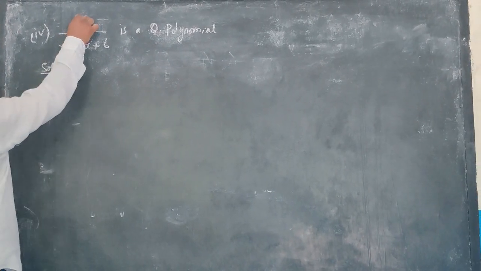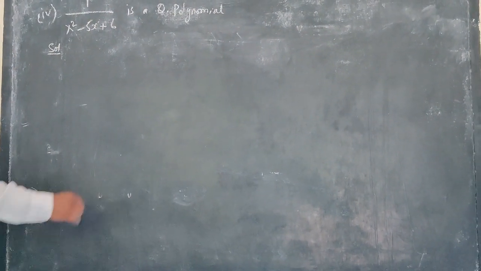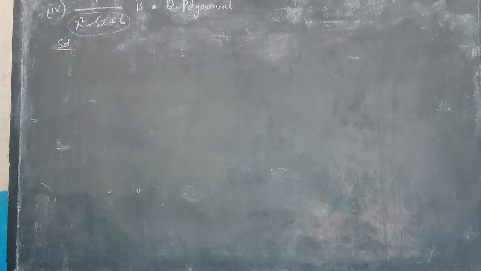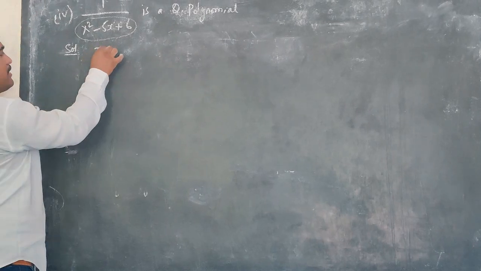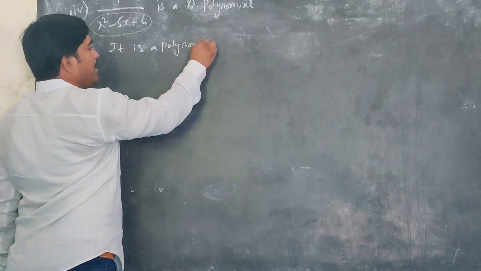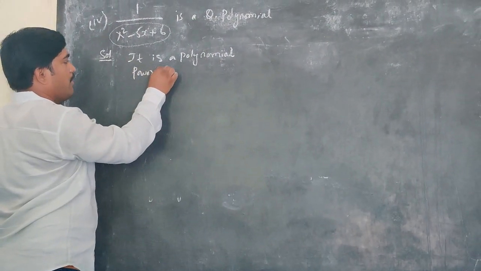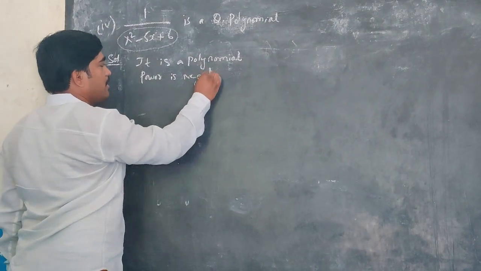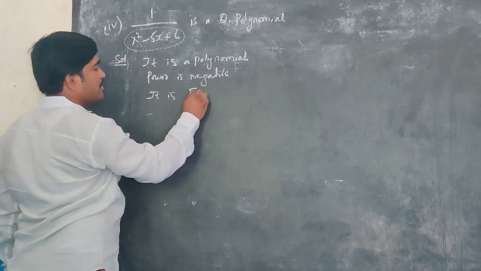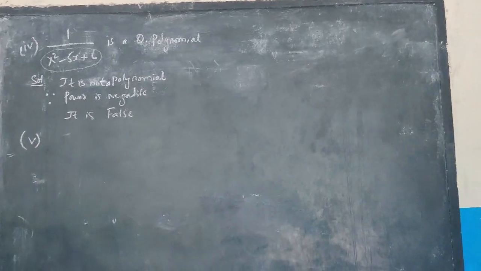I have previously explained a problem like this: when it is given in the form of 1 by, with the polynomial in the denominator, it is not a polynomial, because the power is negative. So what should I conclude? It is false. Now we will go for the fifth bit.